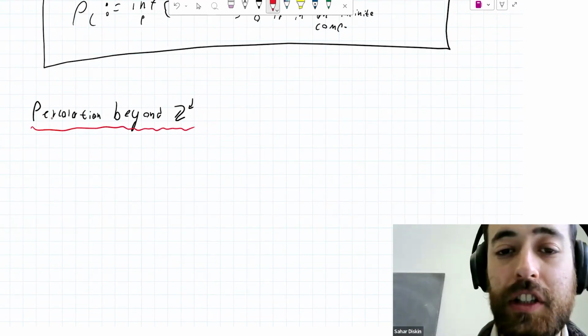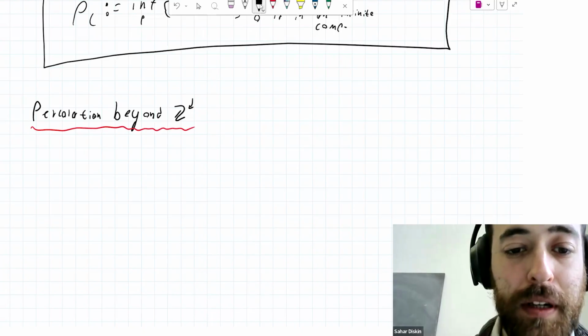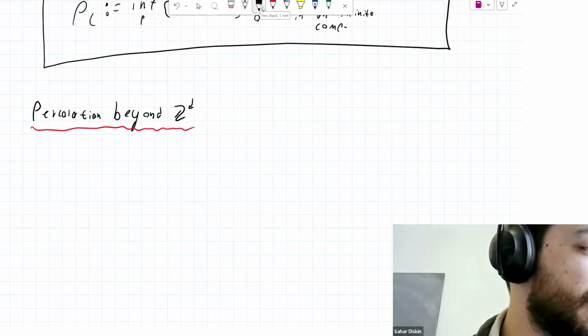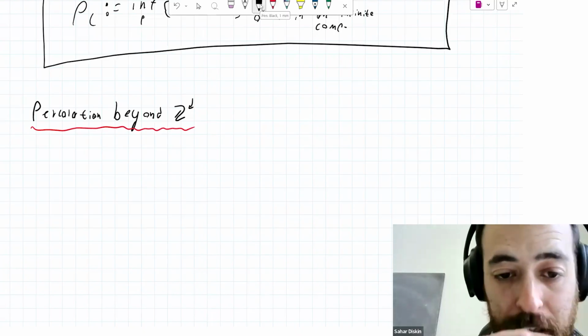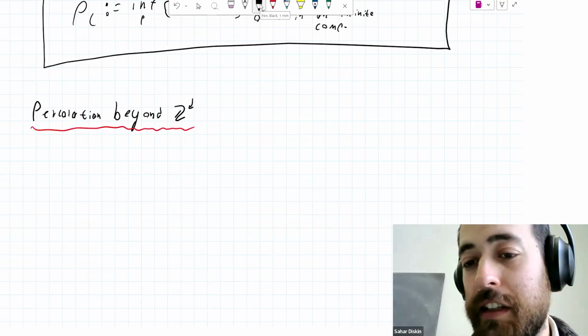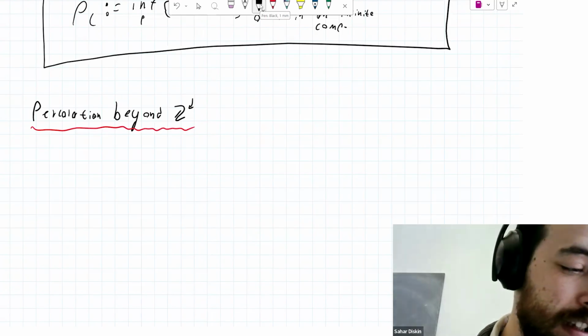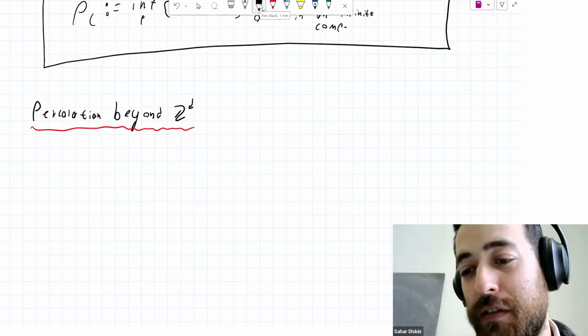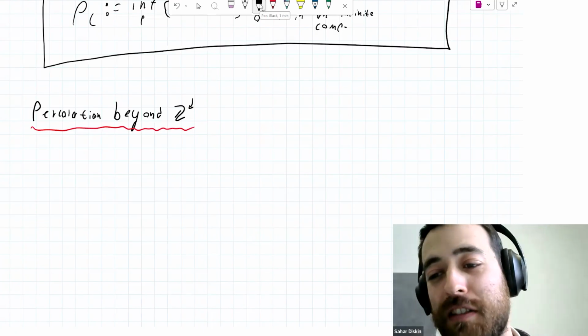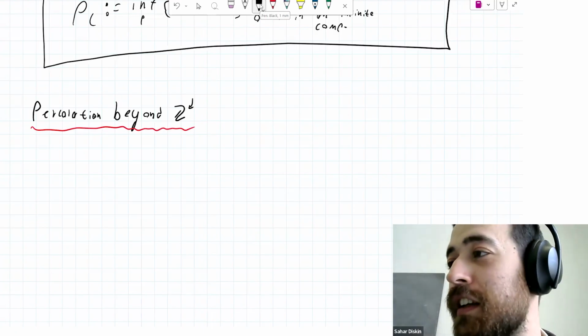This is actually the name of a paper by Benjamini and Schramm, where the actual title was Percolation Beyond Z^d: Many questions, few or very few answers. So quite a nice title.